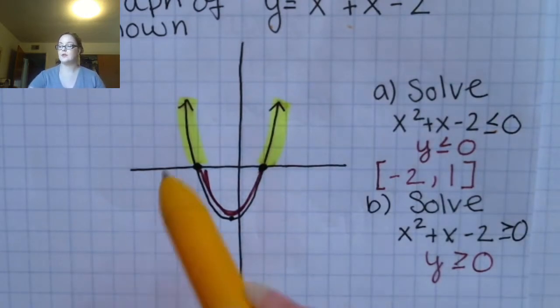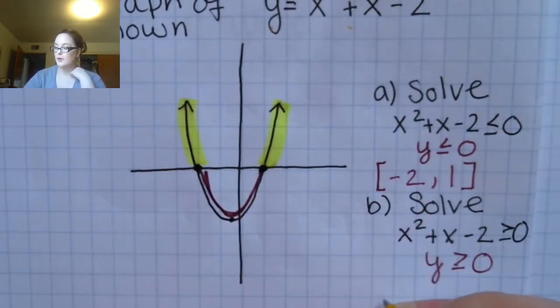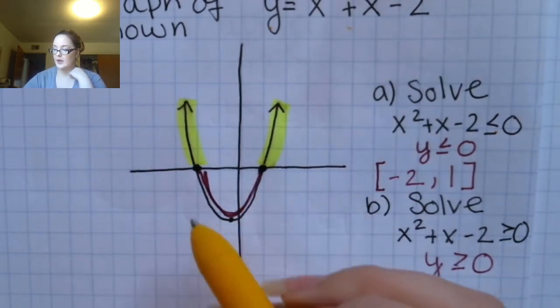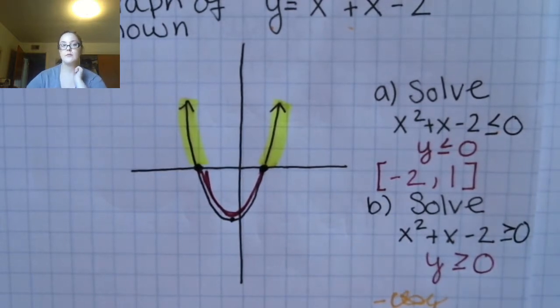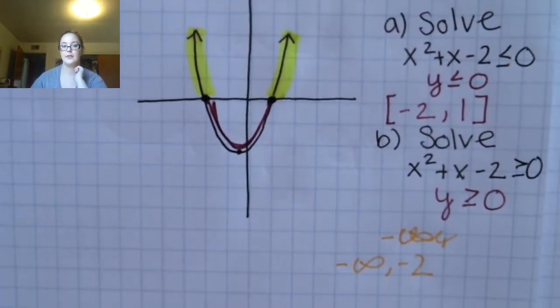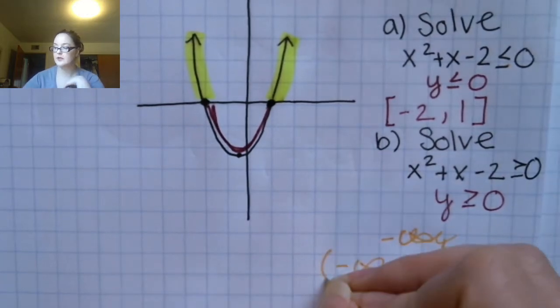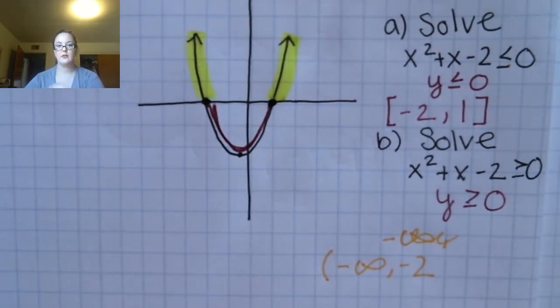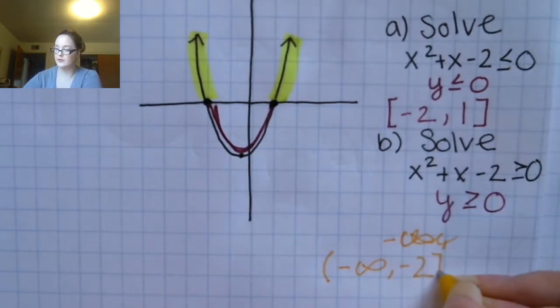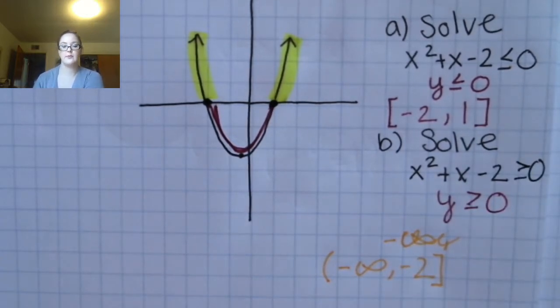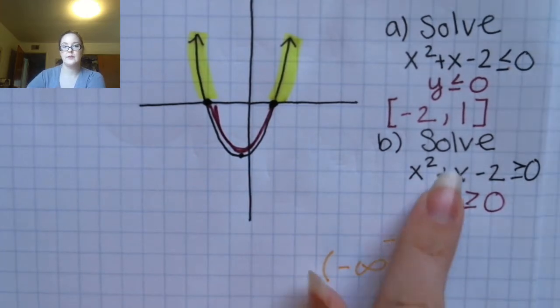So for this part over here, we're going to go from -infinity up to -2. I'm going to give myself more room. We always use parentheses with -infinity. And because it's greater than or equal to, we're going to include -2 with a bracket.